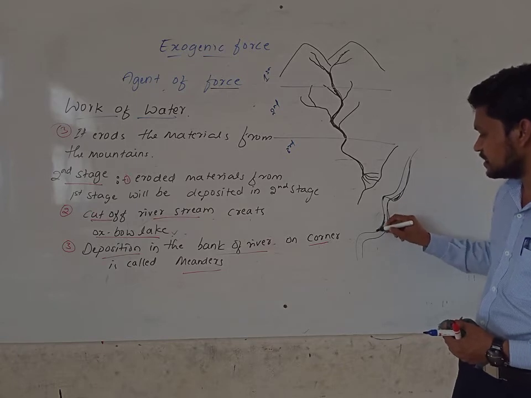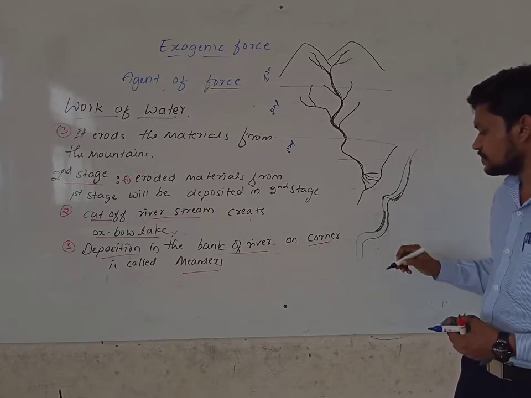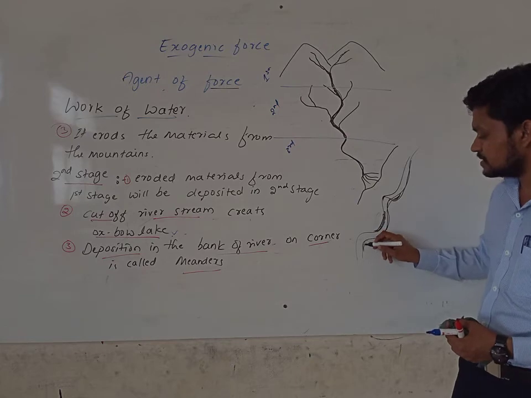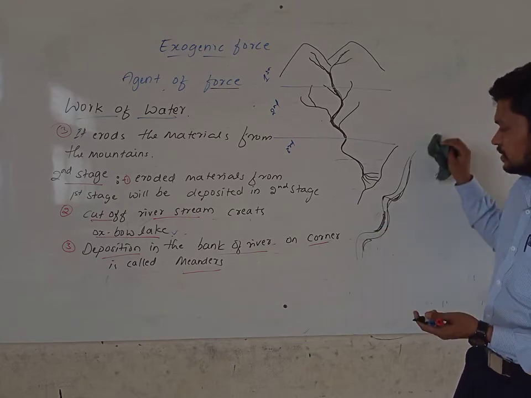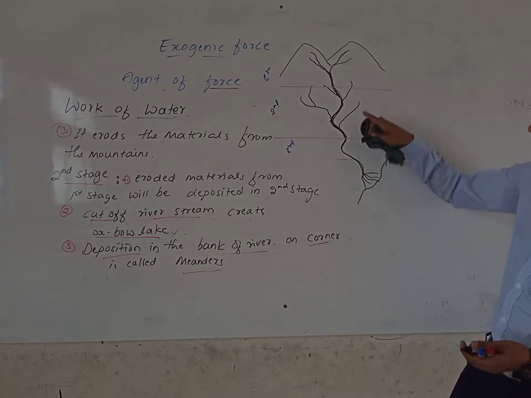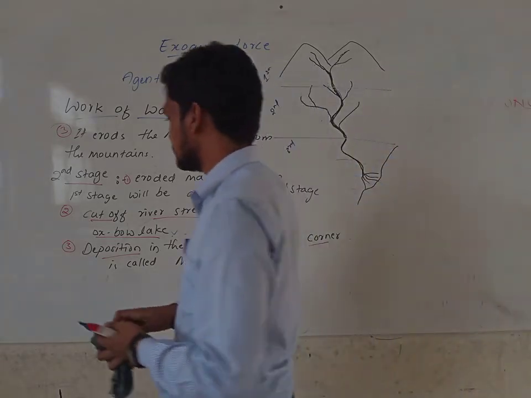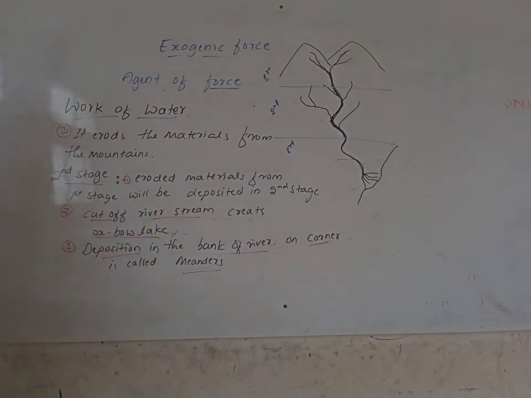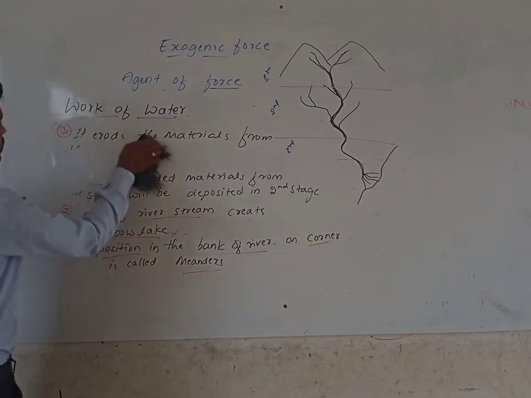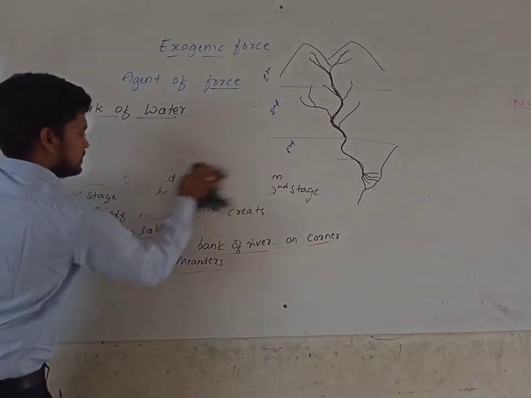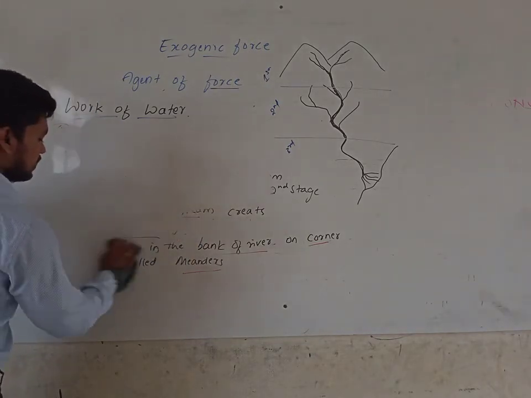So it's called meanders. This landform is called meanders. So these meanders and Oxbow lakes are found in the second stage. Is that clear? Okay, now we'll discuss the third stage in the work of river.